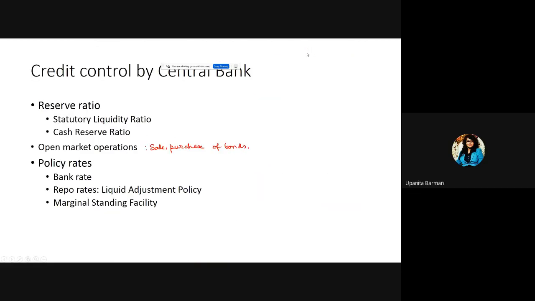Acha. In case of the policy rate, this is basically the banks borrow from the central bank. They can be of different periods. For instance, the repo rate is very short run. The bank rate is somewhat longer. And again, if the bank rates, repo rates are increased, then the central bank is basically introducing a contractionary policy.